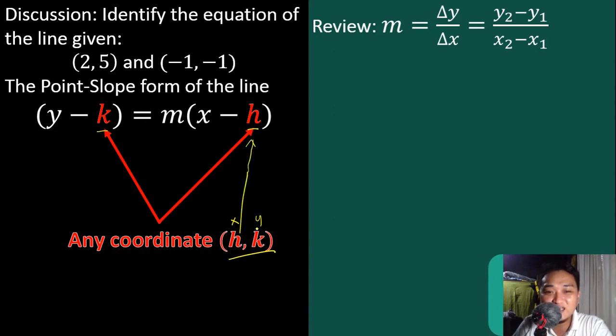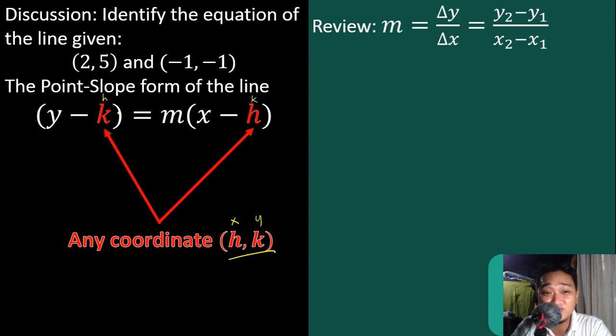At si k, sa kabila siya ilalagay. Dito siya. Okay po? Baka lang magkabaliktad kasi yun yung common mistake ng mga student natin. Kala nila ito h, tas kala nila ito k.